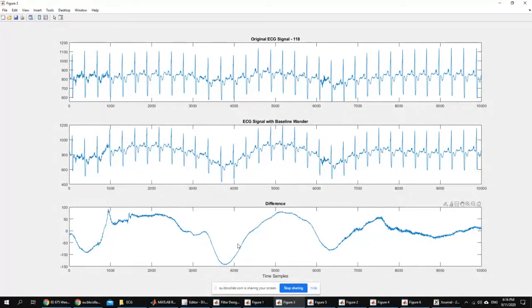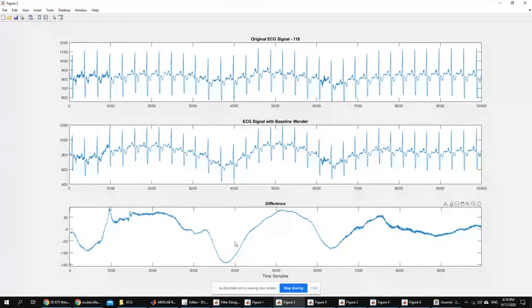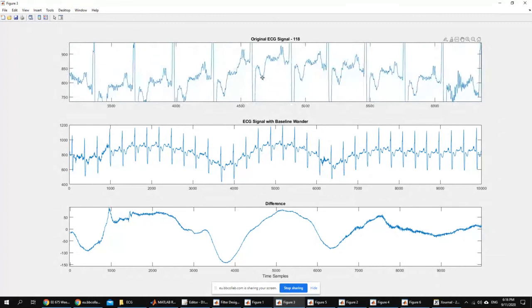If it's a sinusoidal signal, in order to estimate its frequency, what you need to do is measure the distance between two peaks or two valleys, right? This is the way we measure frequency in sinusoidal signals. So if I wanted to estimate the frequency for a signal like this, just look at this.